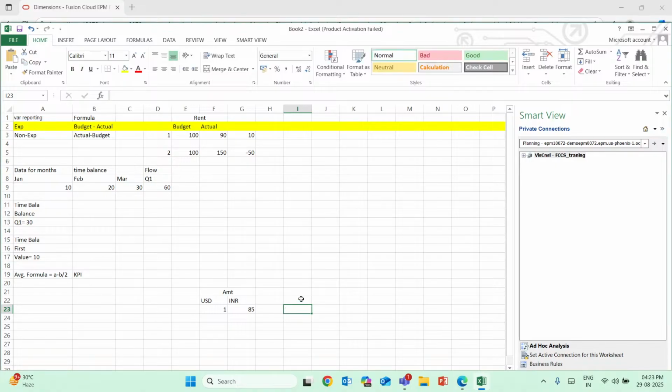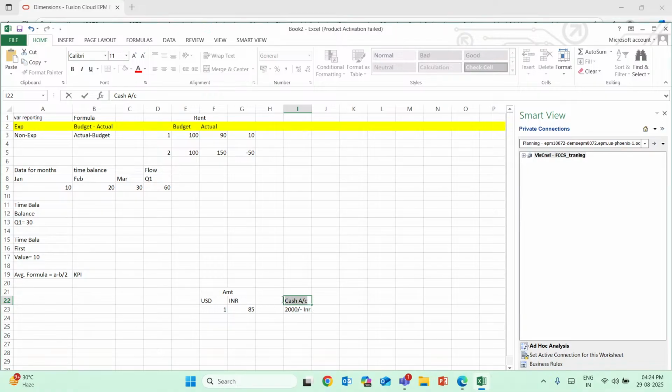Let's take a cash account, any cash account. Let's suppose the amount is 2000, which is in INR, and for consolidation purposes we have to change this into USD.